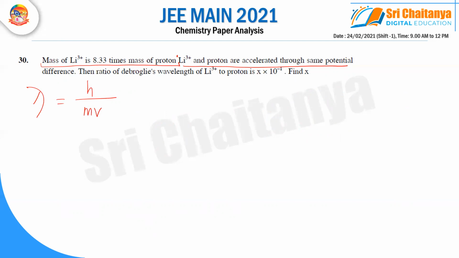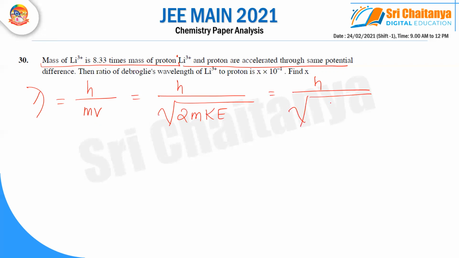Not something like this, exactly like this. So if I'm going to simplify this particular part, this is 2 m KE that will fit in here. And again, if I go ahead, kinetic energy can be written as charge multiplied by the potential difference. So when I take the ratio, the constants will fly off. Only thing that will depend is on mass and the charge.